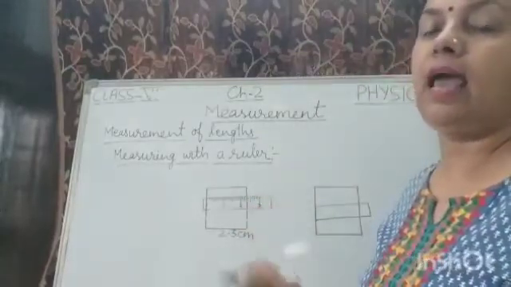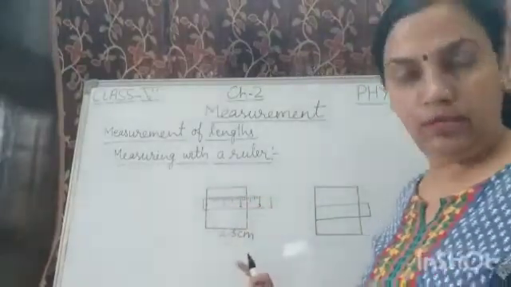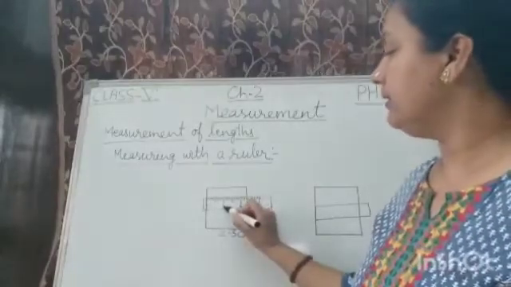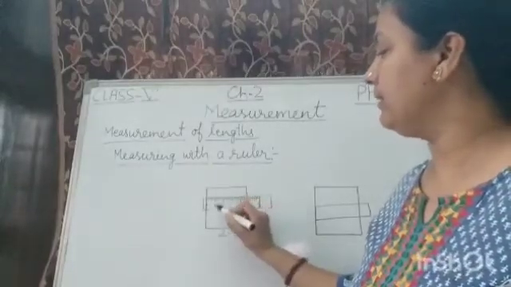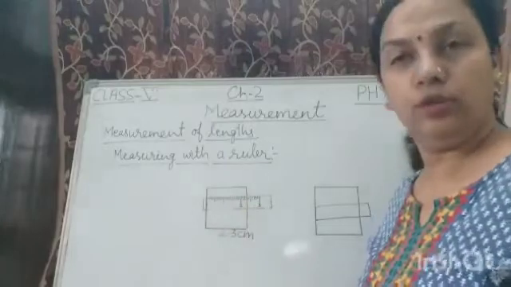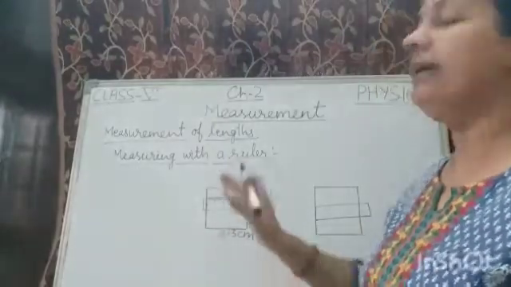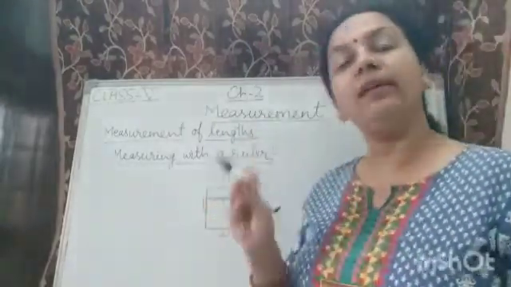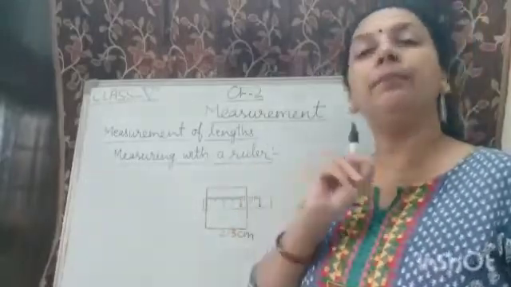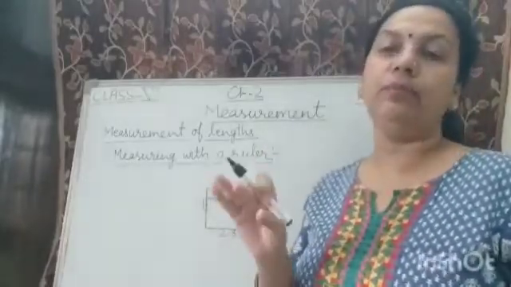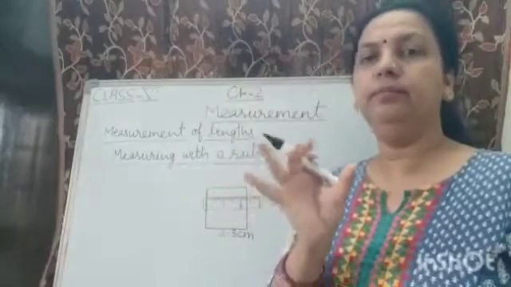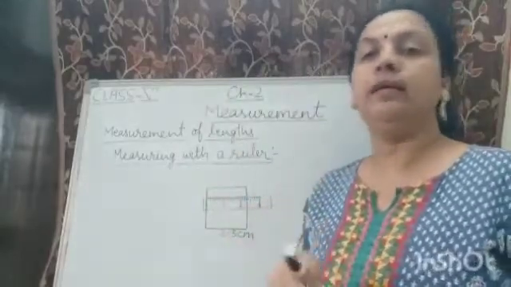We will take this line as the zero mark. We will put this 1 centimeter line in the place of the 0 centimeter line, and then we read the scale. Whatever reading comes, we will subtract 1 centimeter from that length. So we will get the correct length.